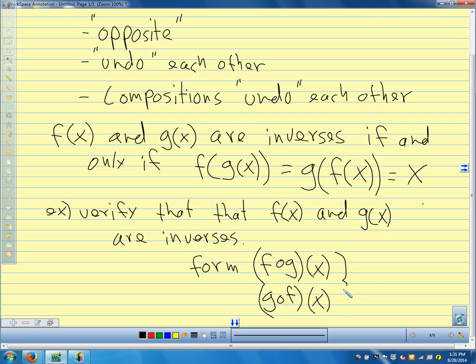And both of these have to equal x. That's how we verify that those functions are inverses of each other. Both the compositions give us x. So some of the homework problems will ask you to do that. We did some of those problems in the last set of homework. We formed f of g and we formed g of f, and the problem asked, are they equal? Well, here they have to be equal, and they have to equal x to be inverses.